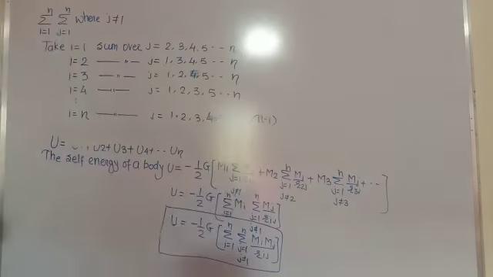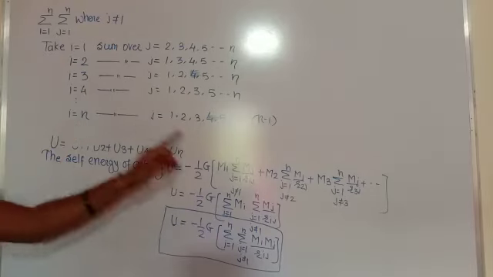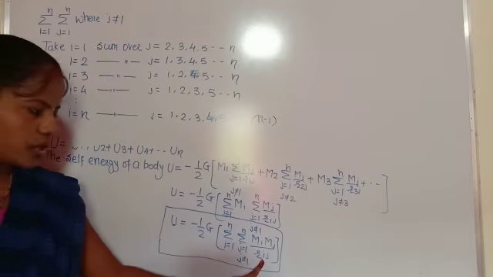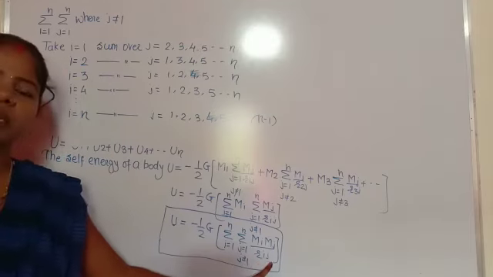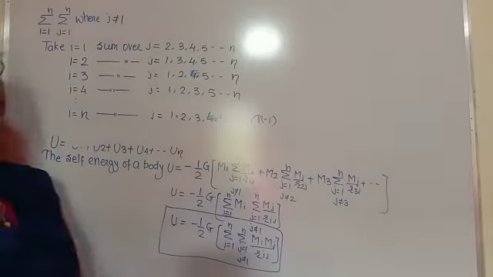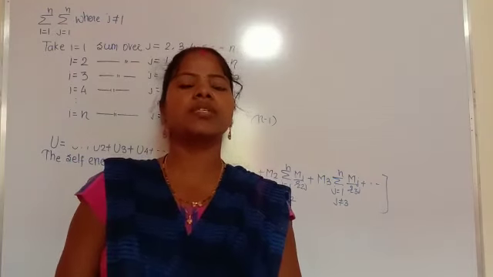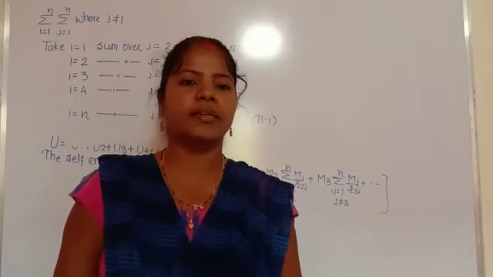So this continues up to n terms. Here, if we take n, j goes up to n minus 1. Okay, so this is the expression for the gravitational self energy of a body. In the next class we will see Kepler's laws of motion and the geosynchronous orbit or satellite. Okay, thank you.